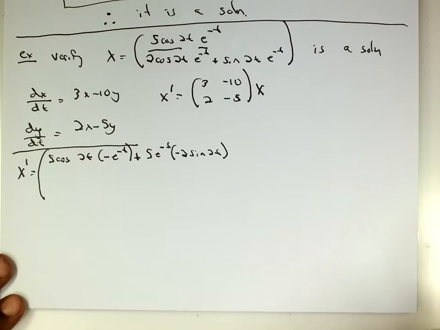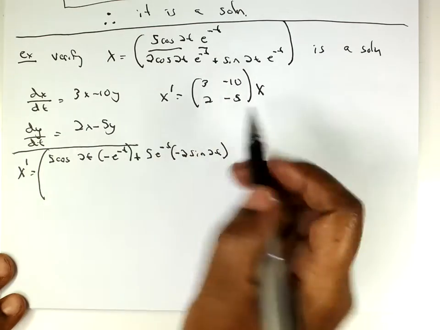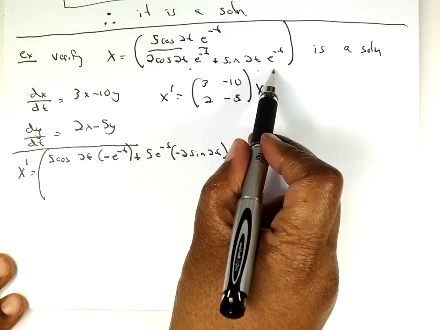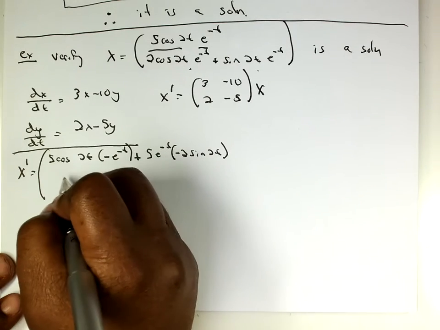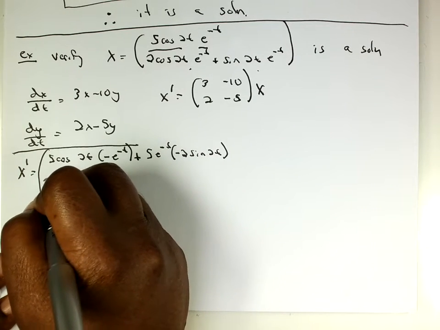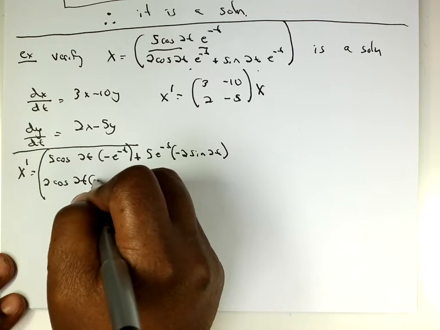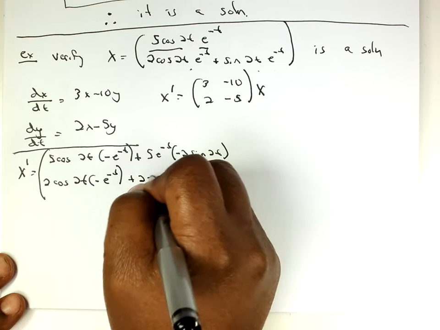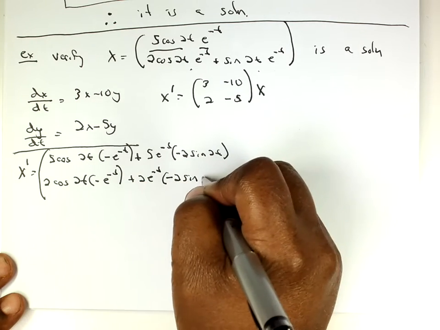Alright, and then down to the next one. I mean, we can clean that up, but we can come back and do that. I have to use the product rule here, and then I have another term that I have to use the product rule there. So first I'm going to get 2 cosine 2t times e to the negative t plus 2e to the negative t times negative 2 sine 2t.